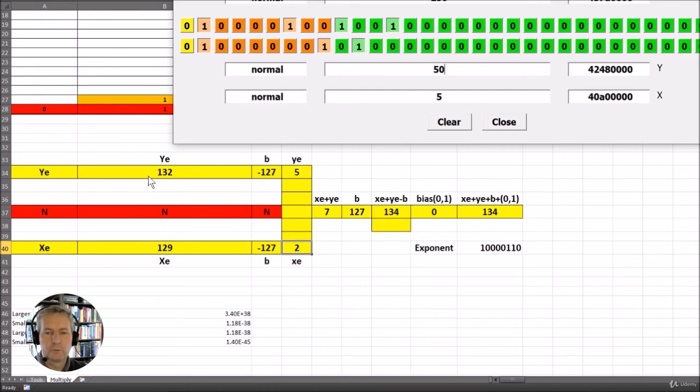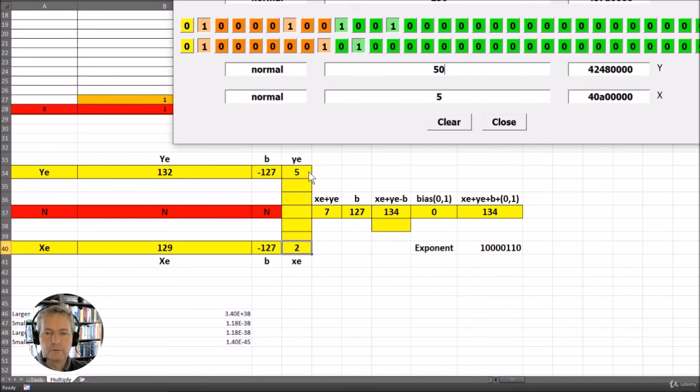Now we do the same for y. We've got the large ye, which is this number here, which is the biased exponent, and it's 132, and we take away the bias 127 and it gives us our small ye, which is the unbiased exponent.